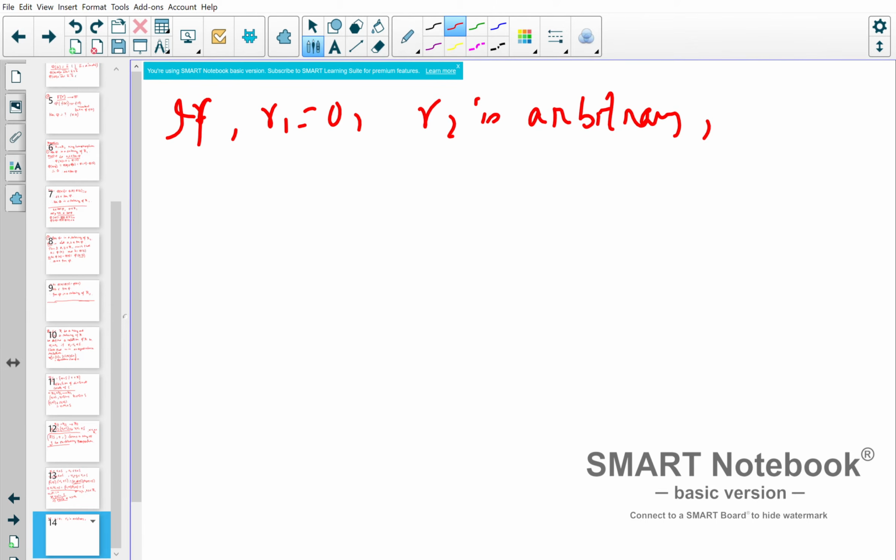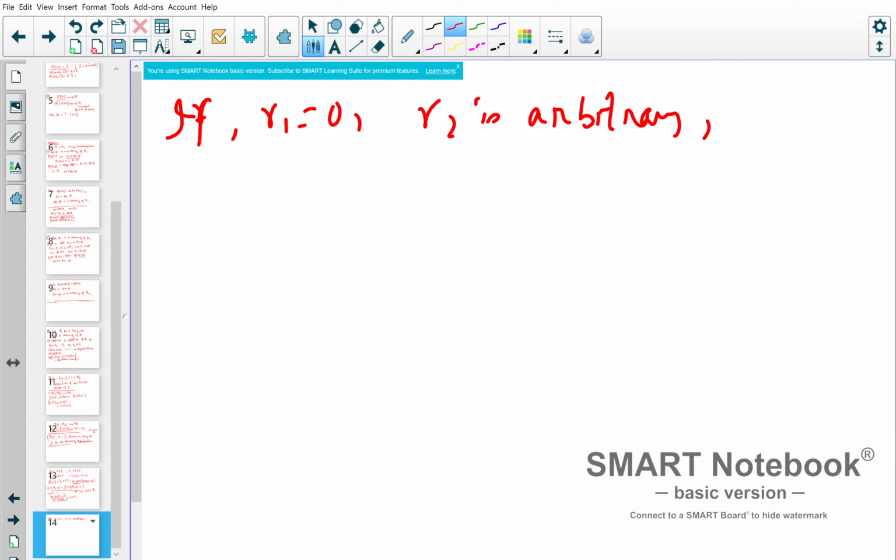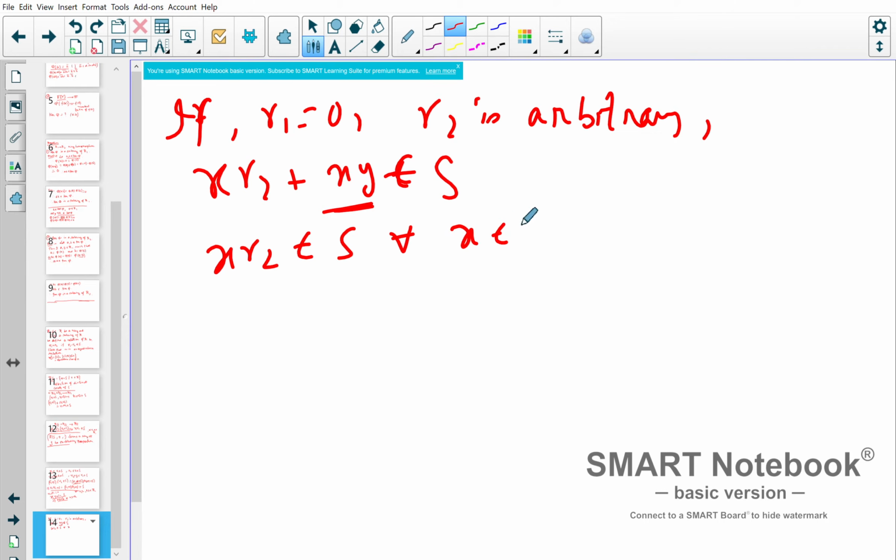From this equation you can easily say that X R2 plus XY is an element of S, and you already know XY is an element of S, so X R2 is an element of S for all X belonging to R and R2 belonging to R. So what does that mean? That is the property of the kernel I showed you.